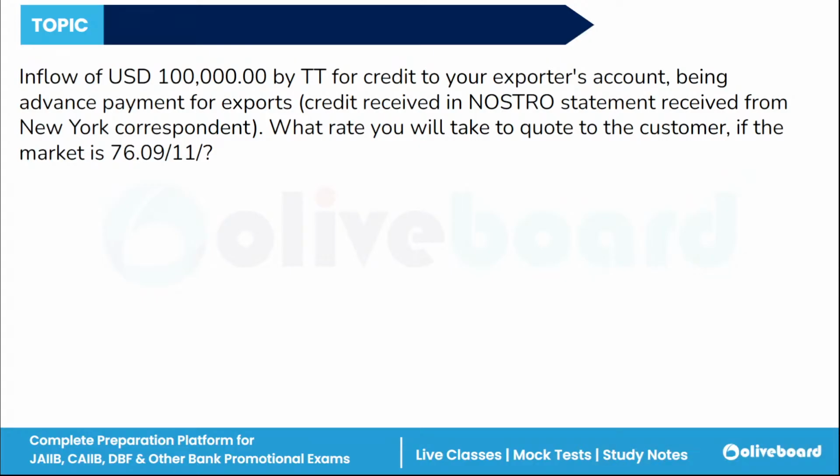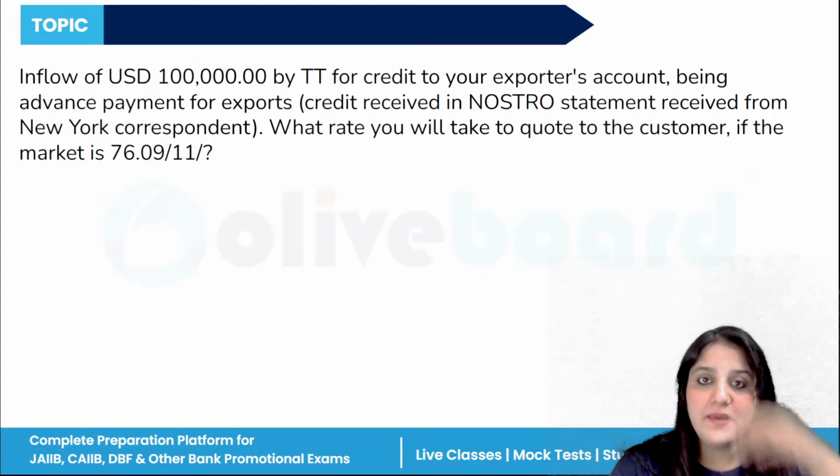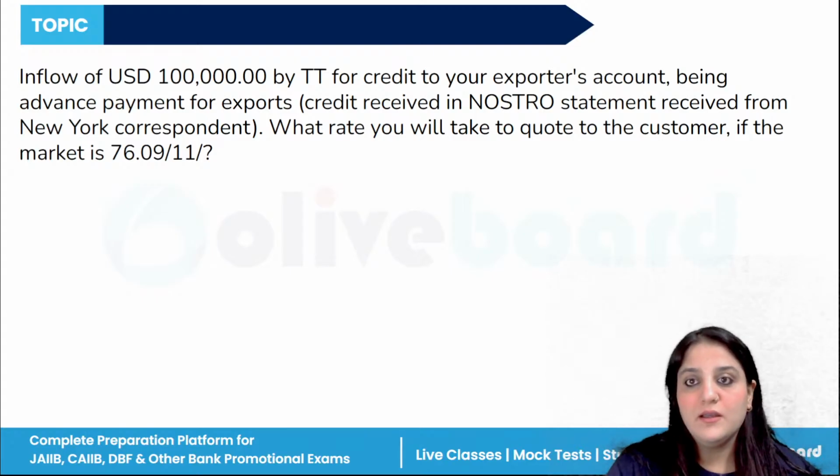In this, the inflow of US dollar is given by the TT for a credit to your exporter, and here, being advance payment for exports, what rate will you take to quote the customer if the market is 76.0911?